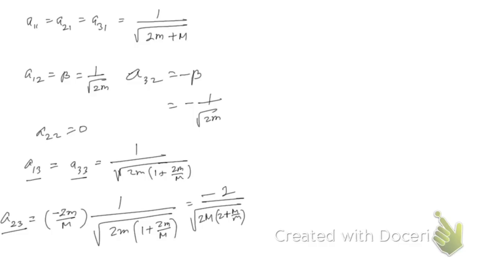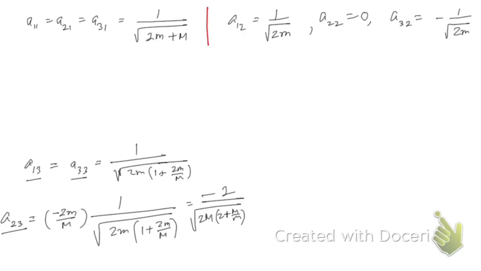So let me write it properly. So here we have a12 is equal to 1 by root over 2m, and a22 is equal to 0, and a32, not 23, is equal to minus 1 by root 2m.